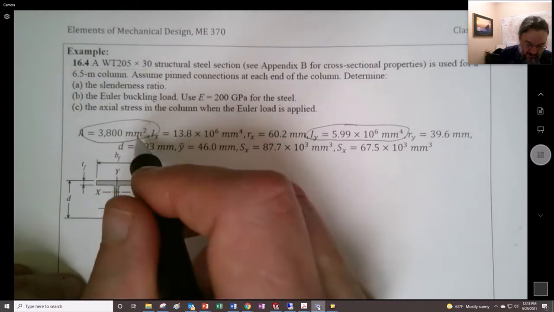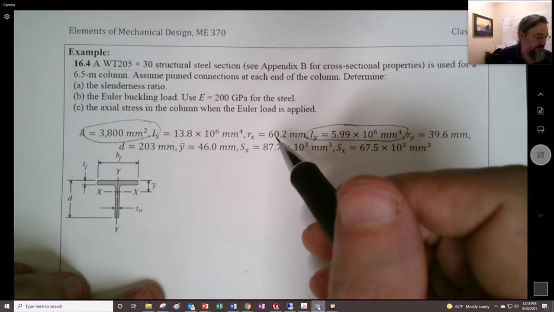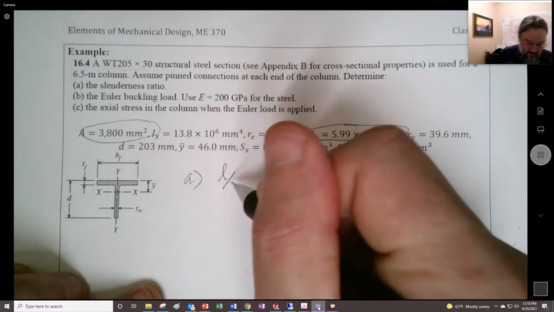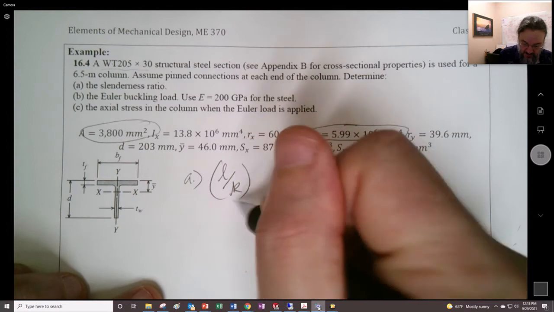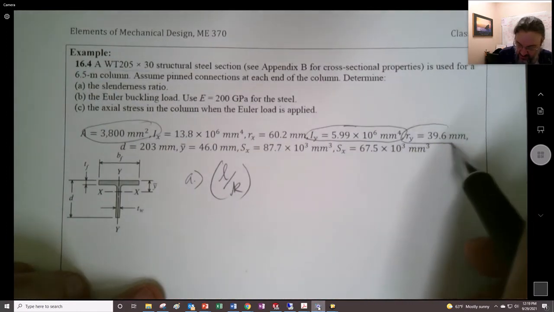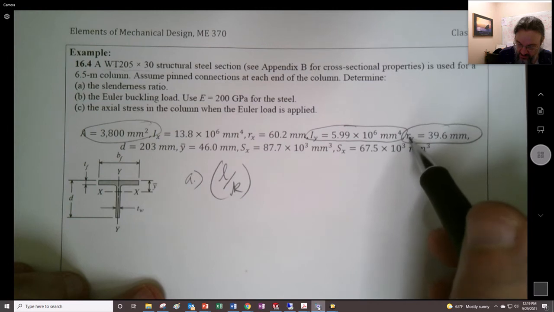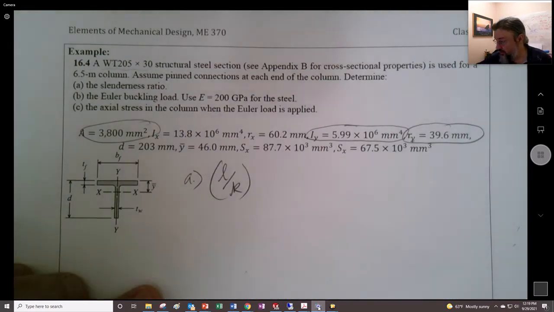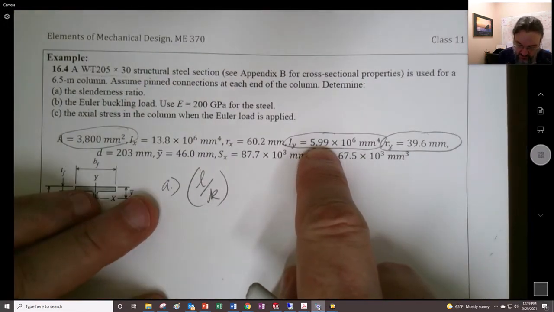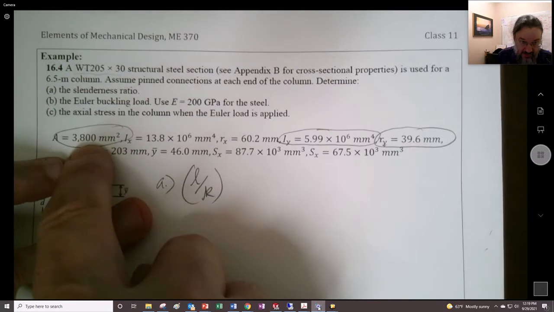Also the area, and once again they used millimeters squared. So first things first, we're going to check this L over K. Which one is K? Well, K is going to be this right here. They decided in their book this is the radius of gyration about the y-axis, and you could check that by taking their moment of inertia, dividing it by the area, and taking the square root.